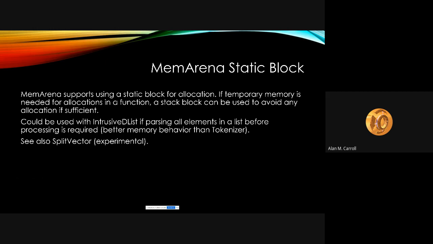So this is really nice. And oh, that should be vectray, not split vector. Anyway, the intrusive dlist can be used to put lists if you don't need random access. You can put an intrusive dlist in the Memorina, and then again, you're really reducing the total number of allocations that you're using.